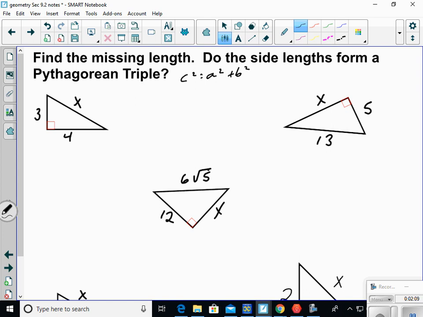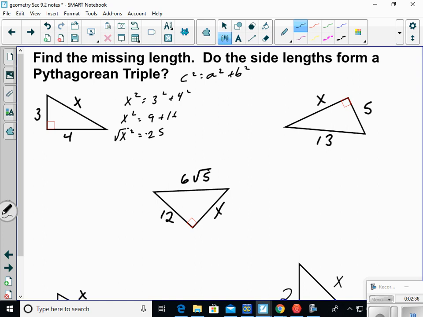And so in the first triangle there, the x is our hypotenuse. So we're going to say x squared equals the two legs squared, 3 squared plus 4 squared. So x squared equals 9 plus 16, which becomes x squared equals 25. And then solve for the x.